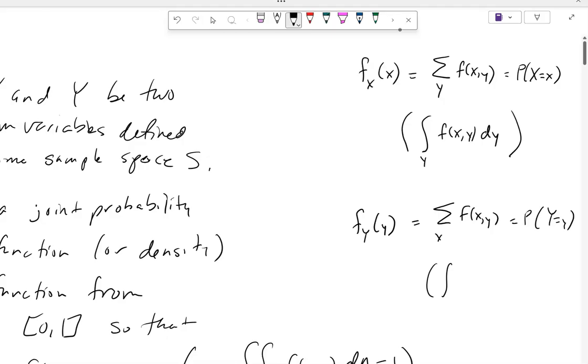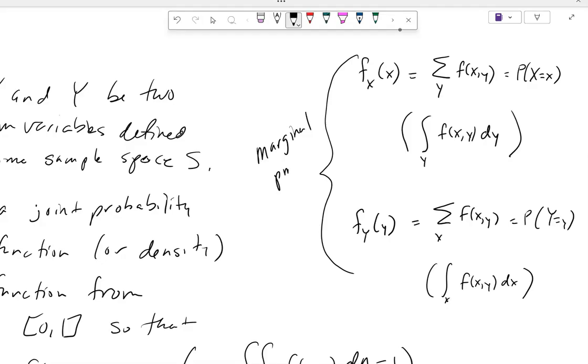In the continuous case, you'll integrate over all your x's. Okay. So again, these are your marginal PMFs or PDFs if we're talking about continuous.